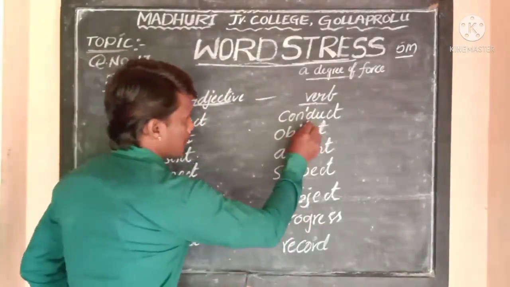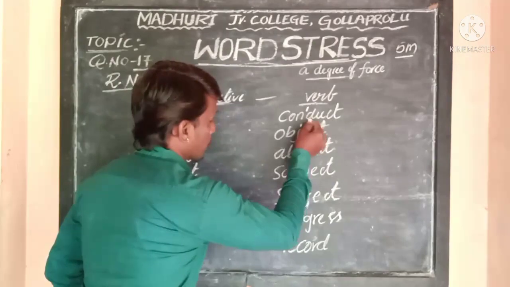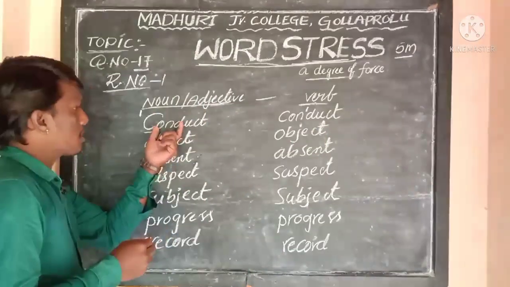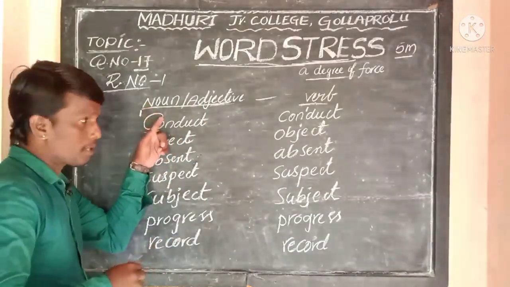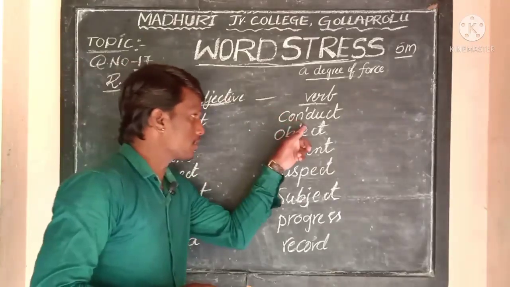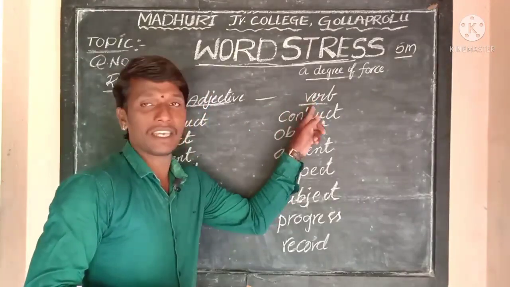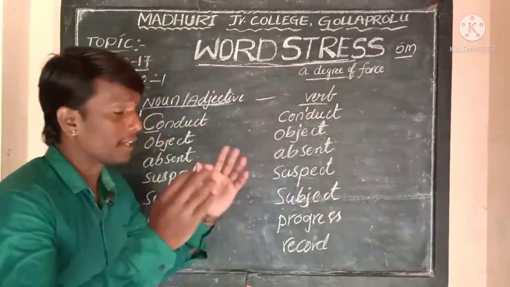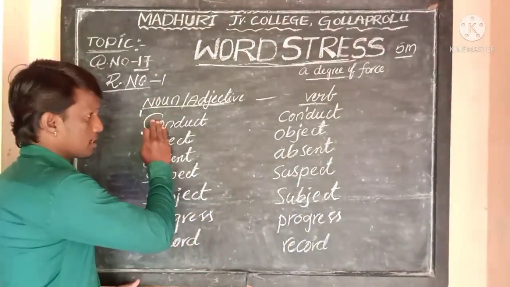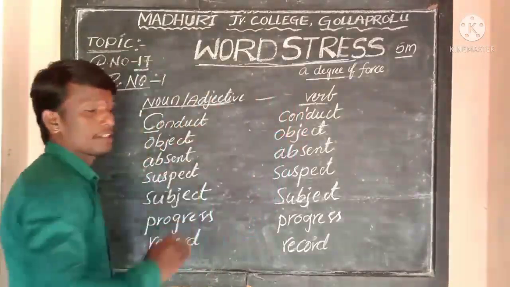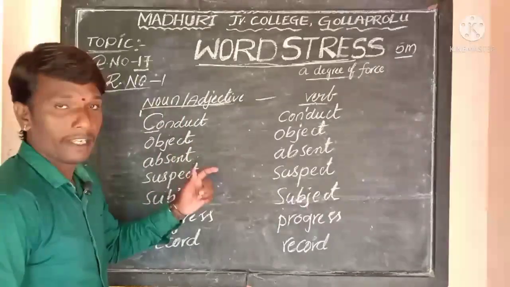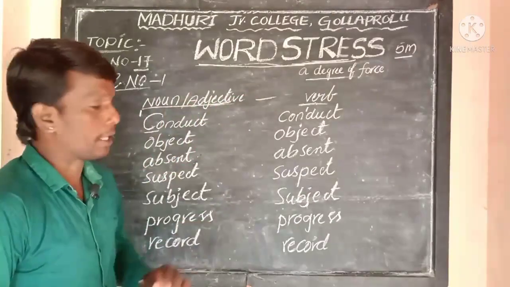So if the word is used as a noun, stress is on the first syllable, whereas if the same word is used as a verb, stress is on the second syllable. That is how the stress is shifted from the first syllable to the second syllable if the word is used as a noun and verb.